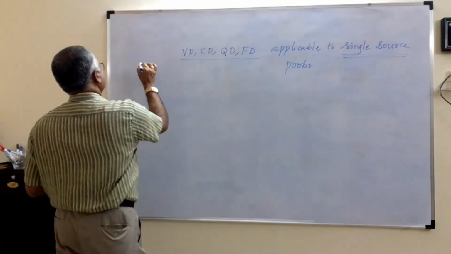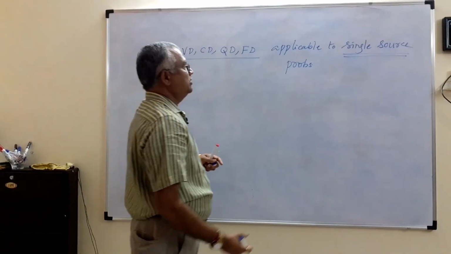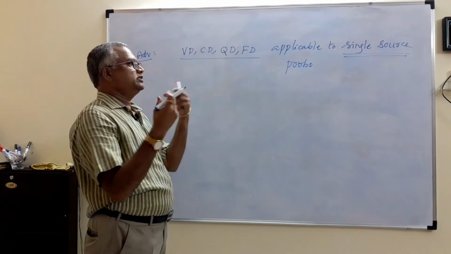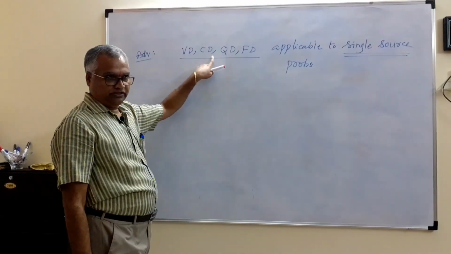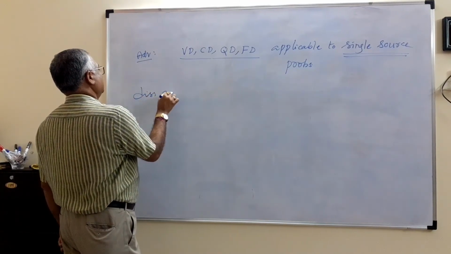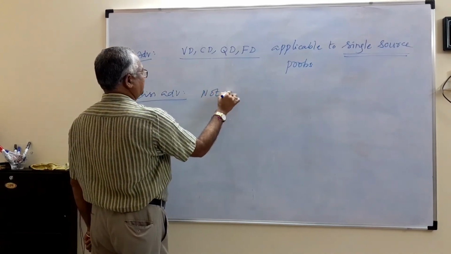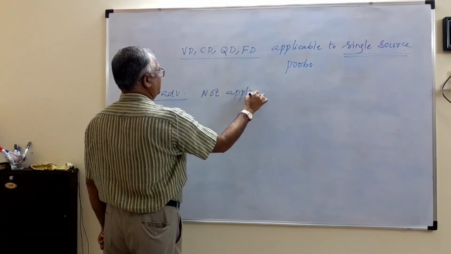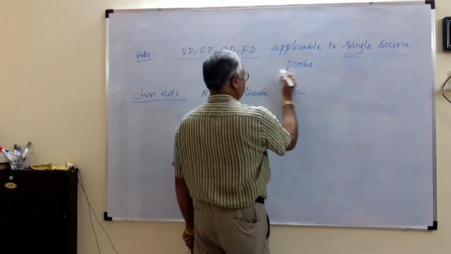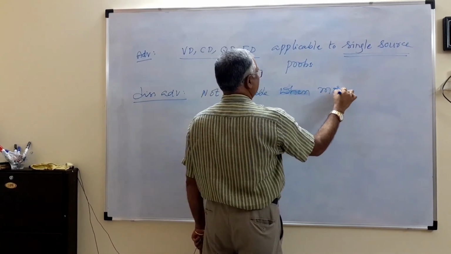So what is the advantage of voltage division, current division and so on? They are applicable with a single source, so all single source problems we can easily analyze using these formulas. What is the disadvantage? Not applicable when more than one source is present.